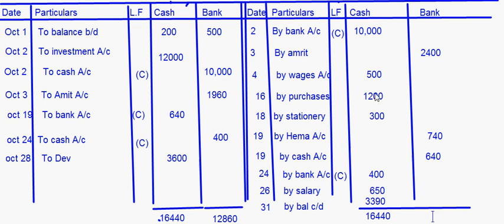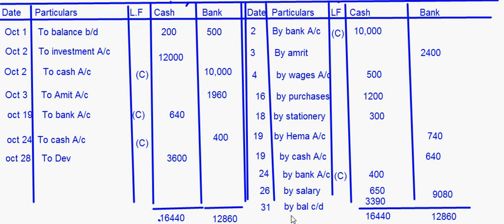And here the bank also, the debit side is more, so we are getting a debit balance for the bank also. So bank balance, 12,860 minus 2,400 minus 740 minus 640, you get it as the balance as 9,080 rupees, right?